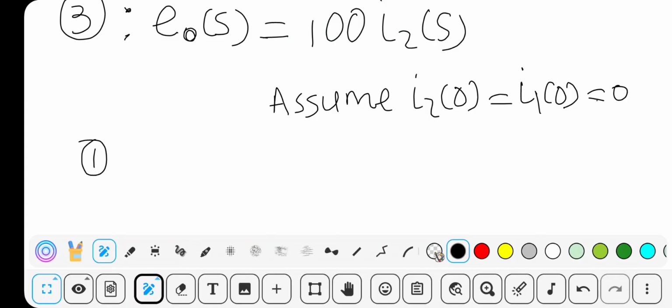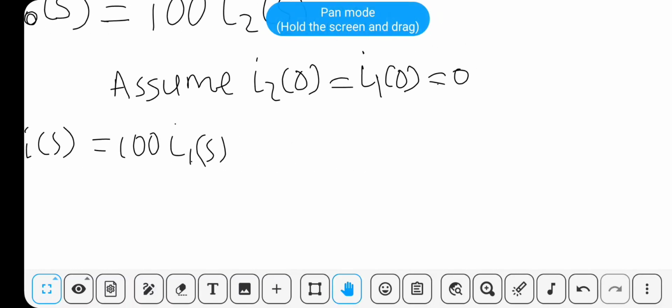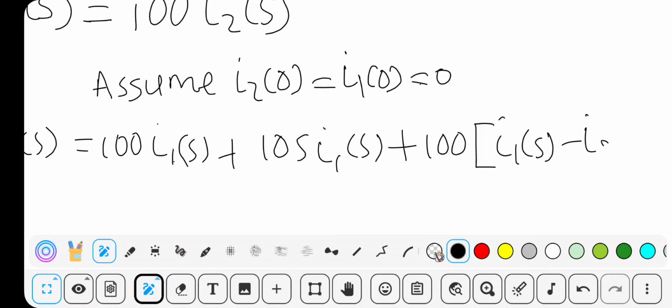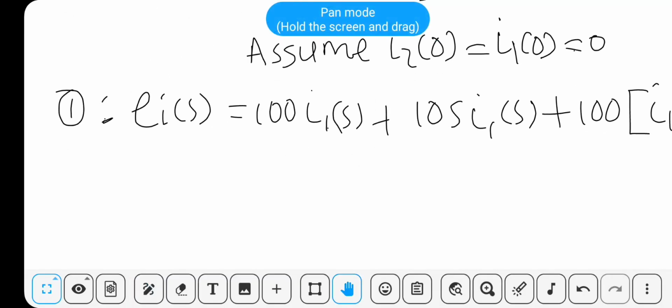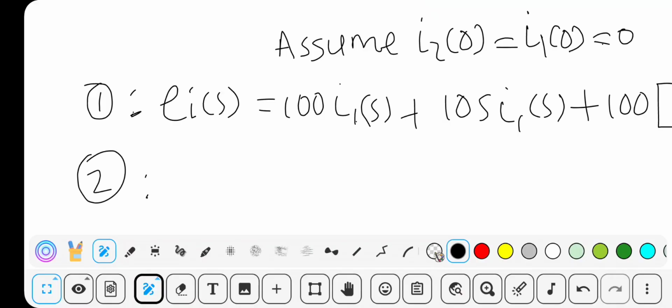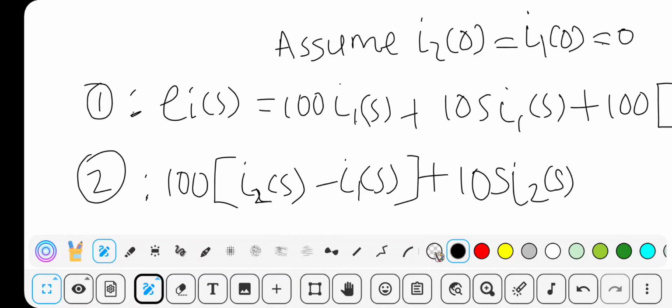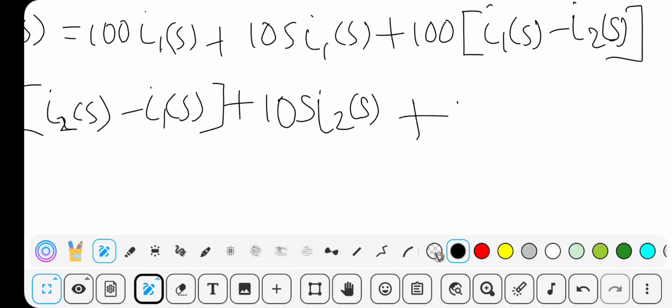The equation now becomes plus 100 minus I2 of s, and this should be second equation, 100 I2 s minus I1 s plus 10 s I2 of s plus 100 I2 of s is equal to 0.